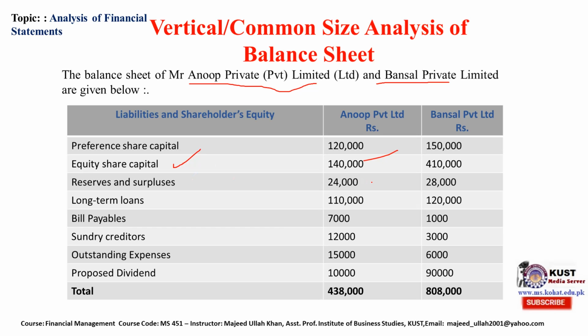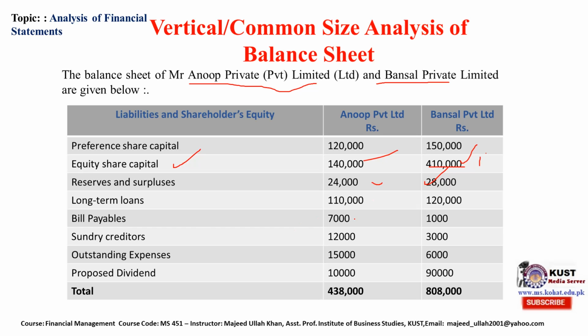Reserves and surplus are 24,000 and 28,000. Long-term loan 110,000 and 120,000.